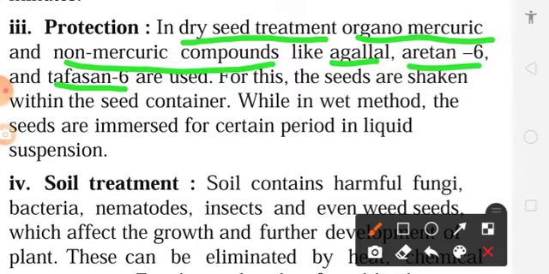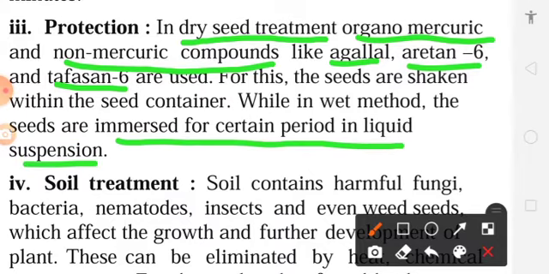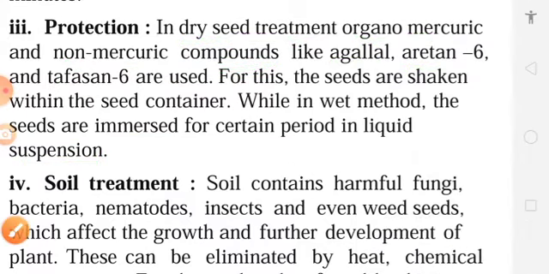Any of these non-mercurial compounds can be used to treat the seed before they are sown in the nursery beds or polybags. If the wet method is followed, then the seeds are immersed for a particular period in a liquid suspension.